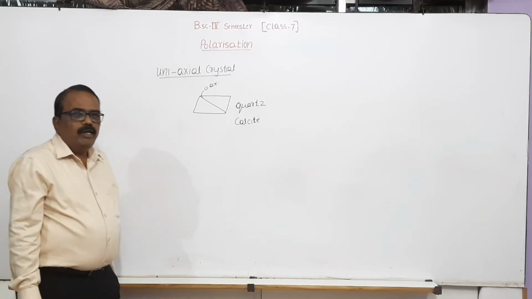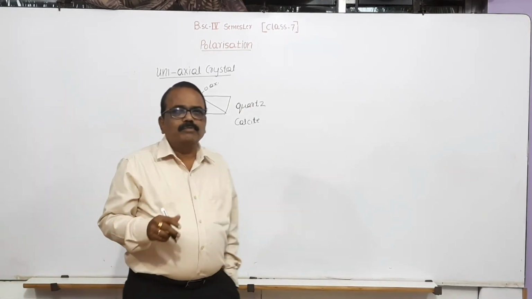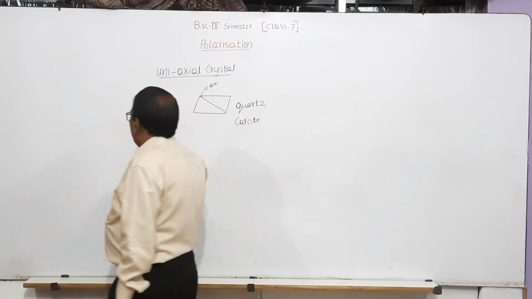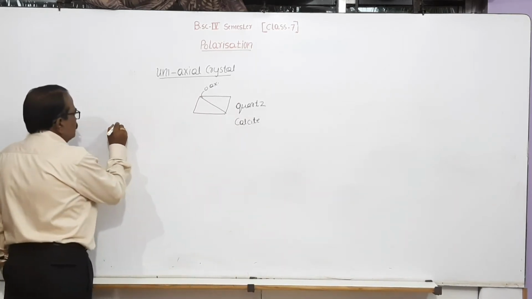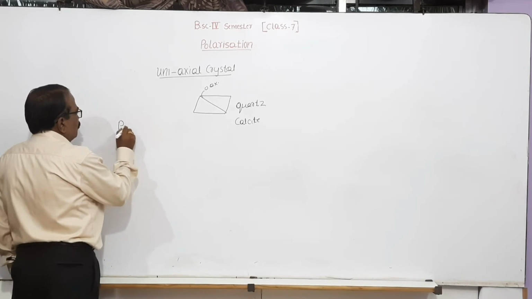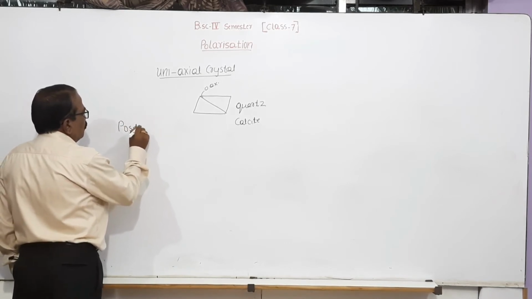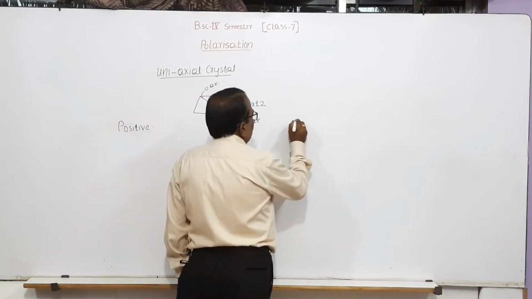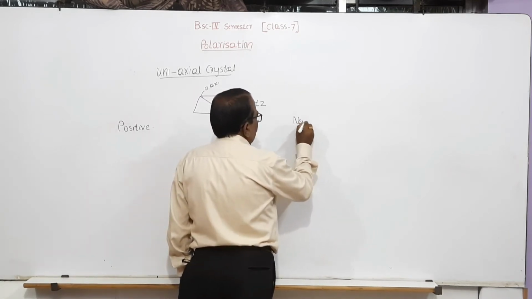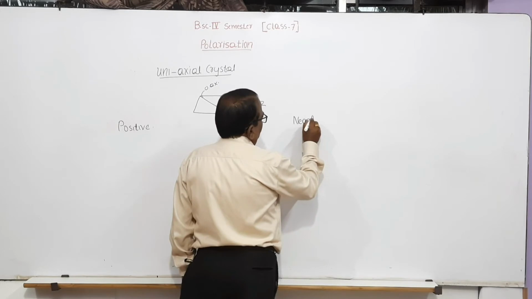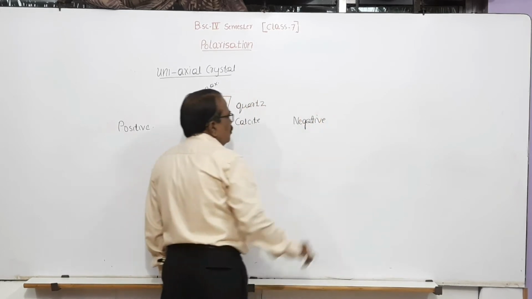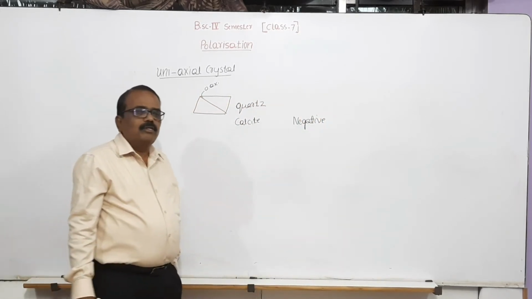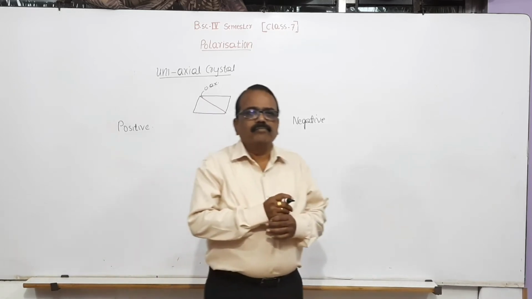These uniaxial crystals are of two types. One is the positive crystal and another one is the negative crystal. What is a positive crystal and what is a negative crystal?